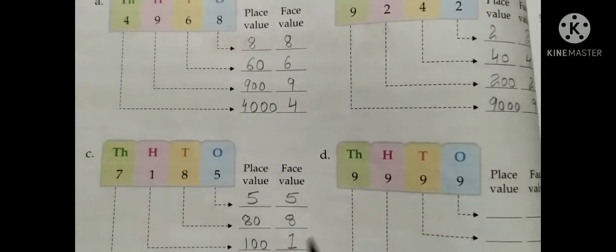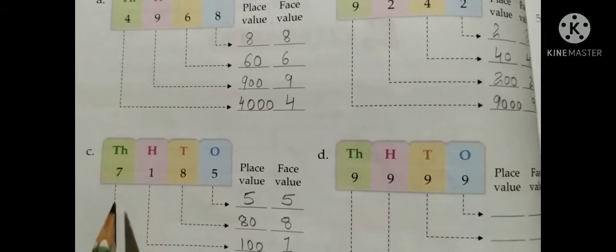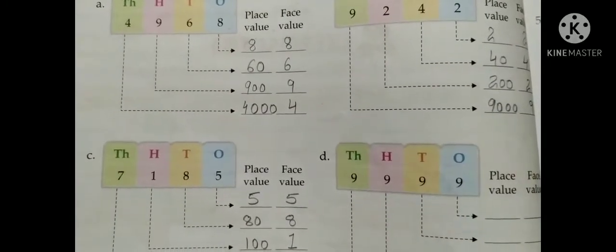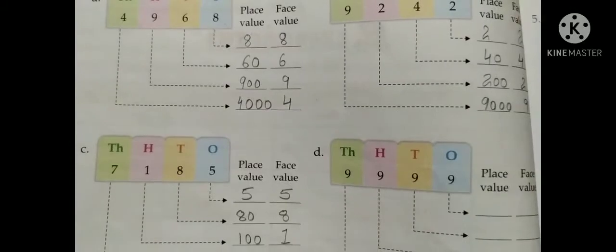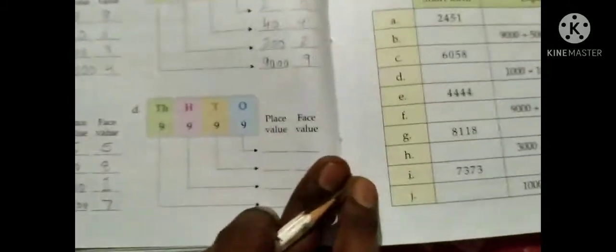Then 7 is on 1000 place, so 7 into 1000 is 7000 and 7 will be the face value.